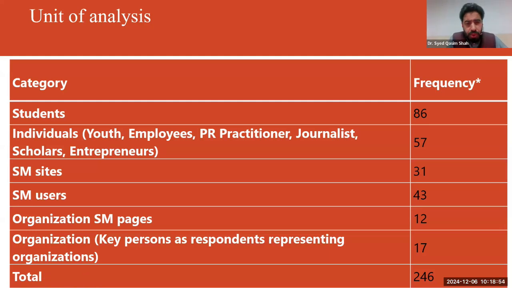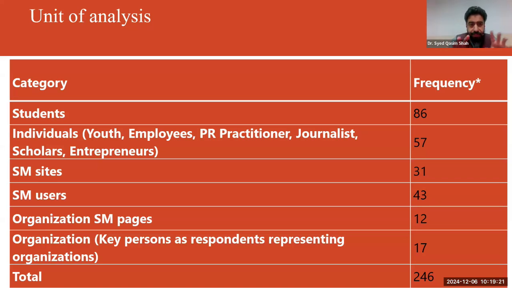Individuals like youth, employees, practitioners, journalists, scholars, and entrepreneurs were the unit of analysis 57 times. Let's say you are asking a question or using student perception about Facebook or other social media. Then maybe there are other categories; it depends on each and every research.